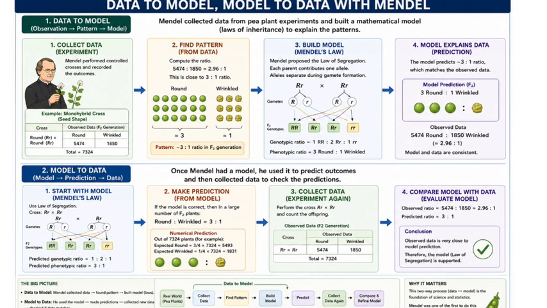Similarly, in machine learning, the machine reads the data, that means it observes the pattern present in the data and prepares a model for the data, the way Mendel proposed the law of dominance and the law of segregation.